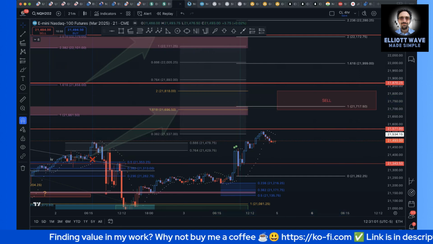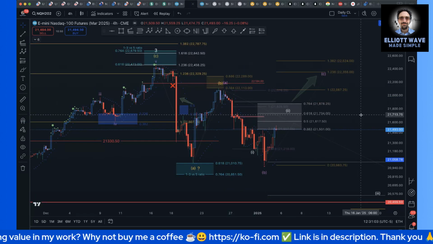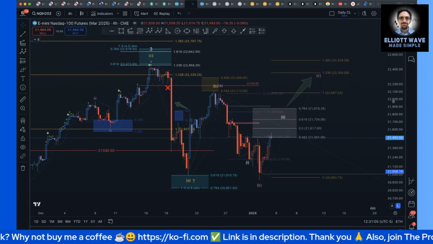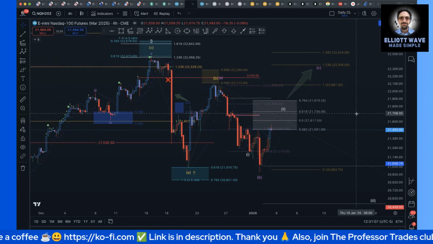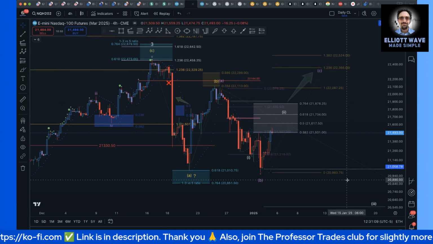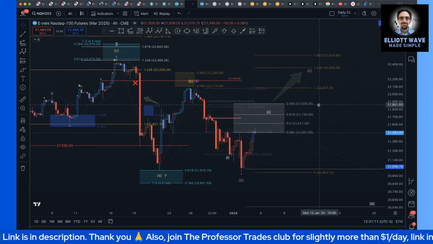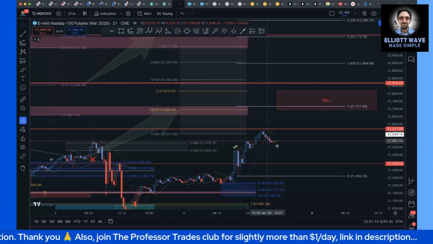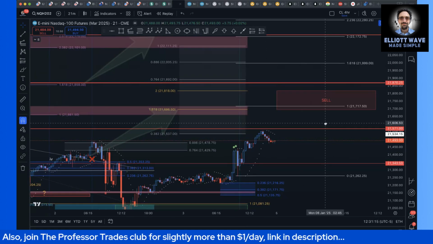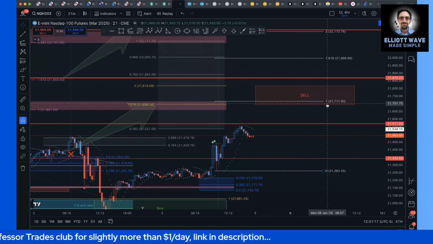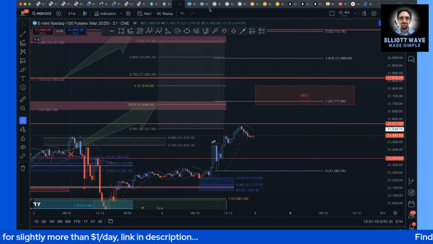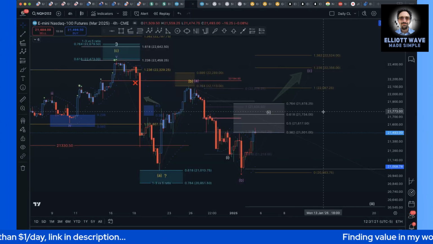That's a decent parameter, more clearly seen on this 4-hour chart. So, one way to play it, if you can stay small enough, layer into it, leading up to this box, leading up to 21,700. Layer into shorts.